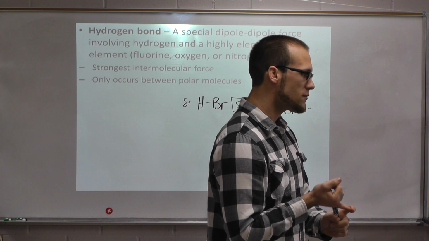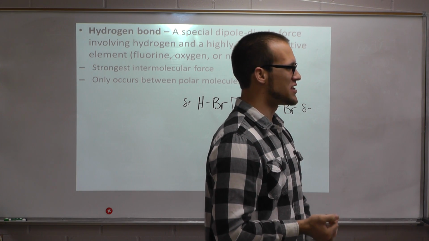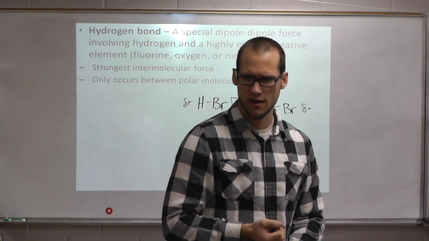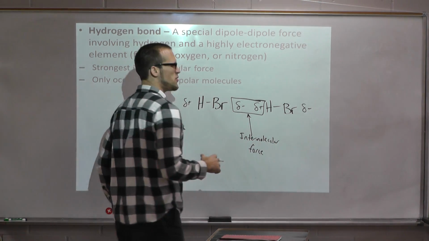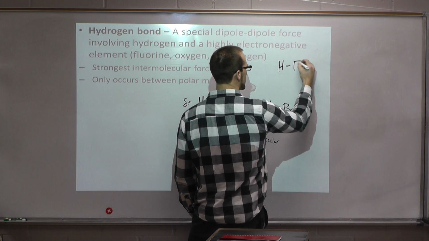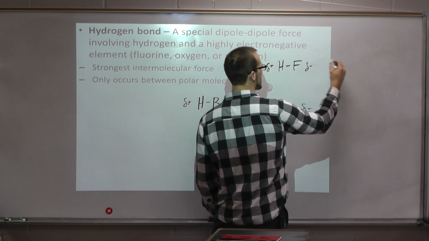Okay? Then, we specifically talked about dipole-dipole, which says it has to be a polar molecule. But there's a certain class that is a stronger version of a dipole-dipole. What do we call that? Hydrogen bond. Okay? So let me give you one that would be a hydrogen bond. Very similar. Is this still polar? Yes. Is it still a partial positive and partial negative?